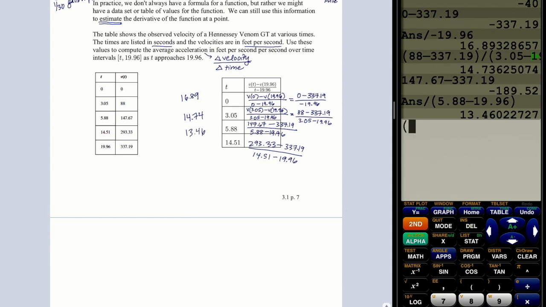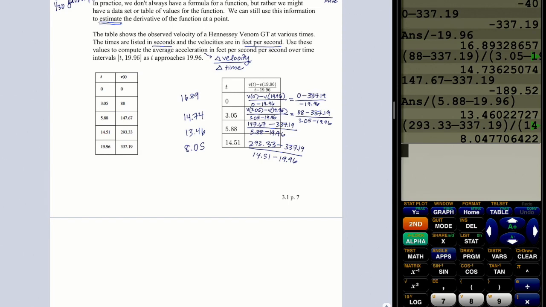And then the last one, I'm getting 8.05. I'm going to double check that one.